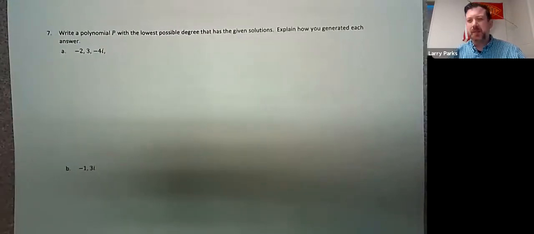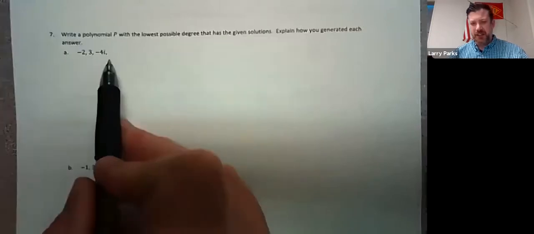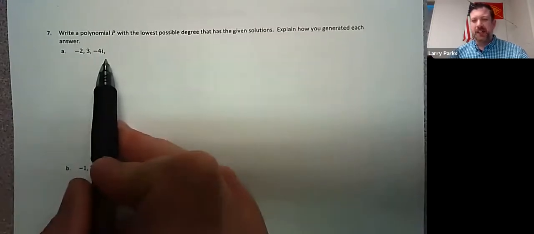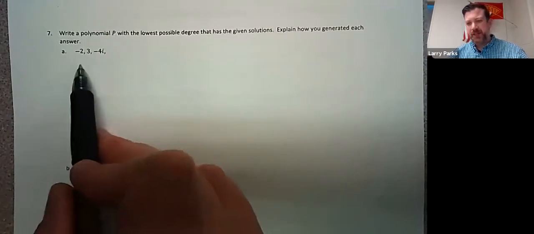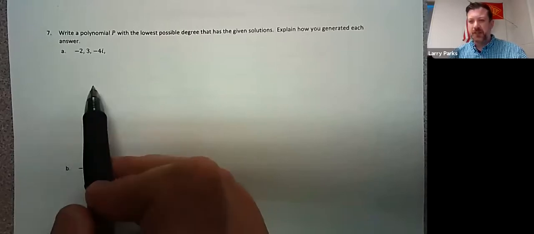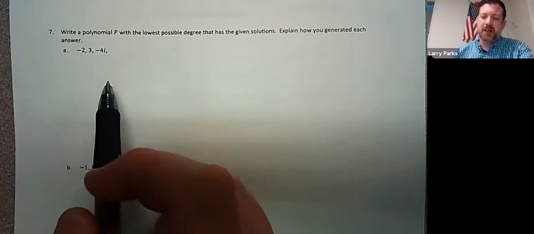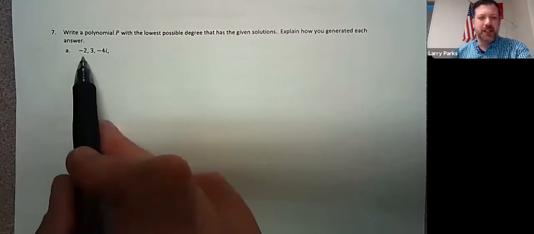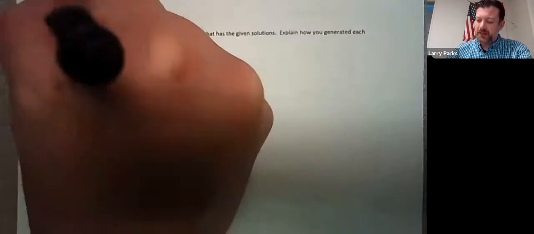I don't think I'm going to completely go into number 7, but I'll show you real fast how you would go about it. It just says, here are the solutions, and they want us to go backwards. So they want us to write the factors and then distribute. What they're trying to get you to understand is, if the 0 is negative 2, then the factor would be x plus 2.